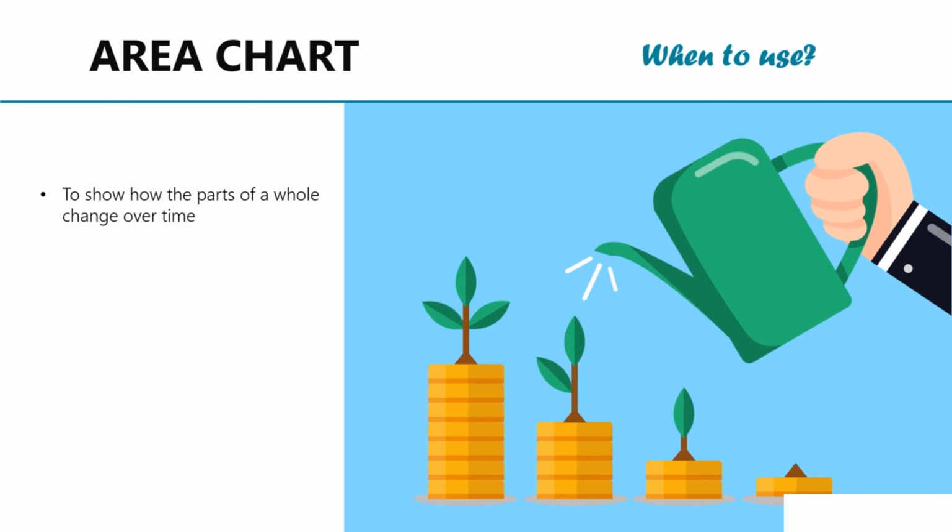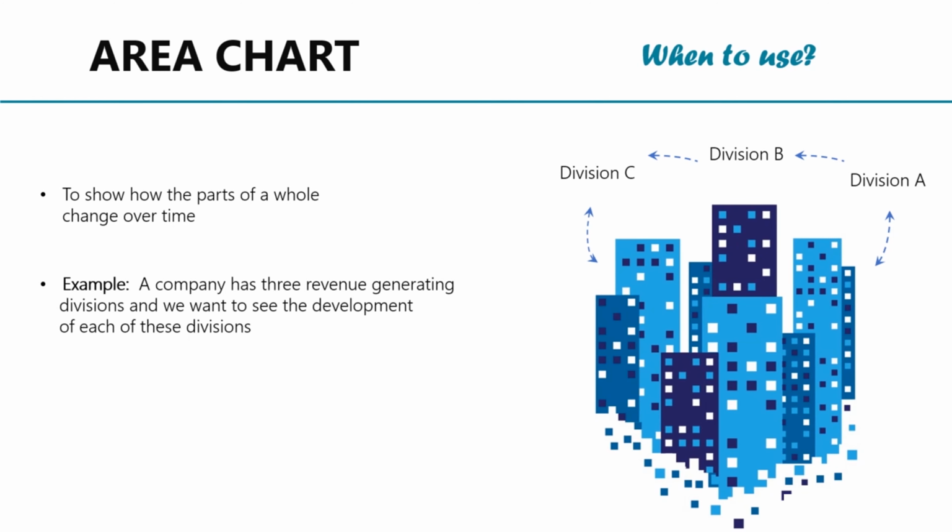Whenever we want to show how the parts of a whole change over time, we should consider an area chart. So, for example, if the company has 3 revenue-generating divisions, it is very likely that management would like to see the development of each of these divisions. This is a great way to draw attention to the total value and still emphasize an important trend.